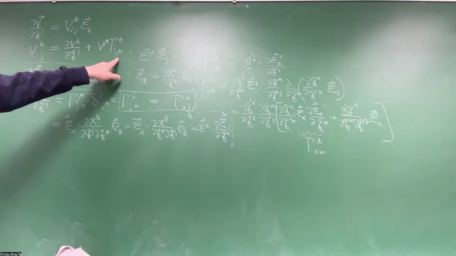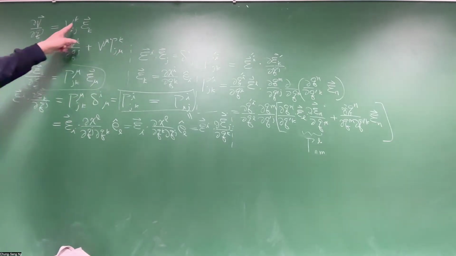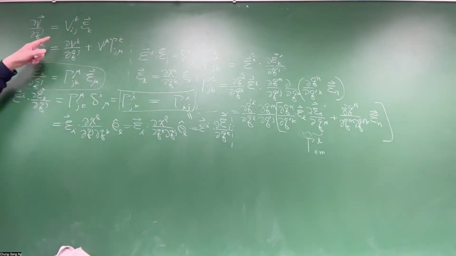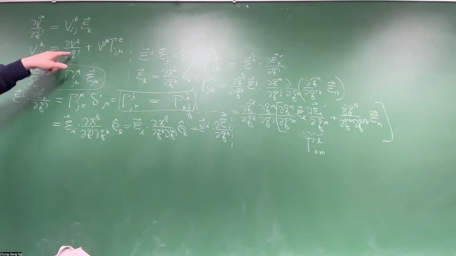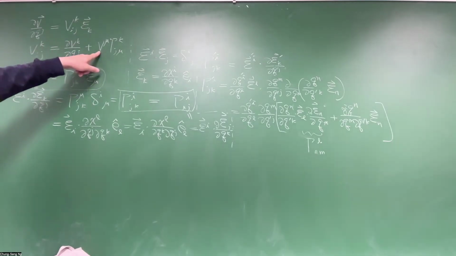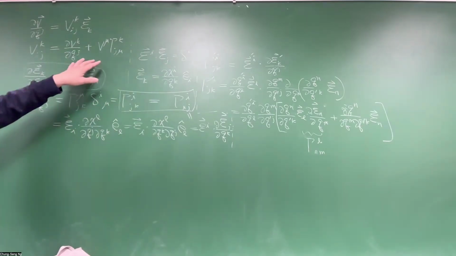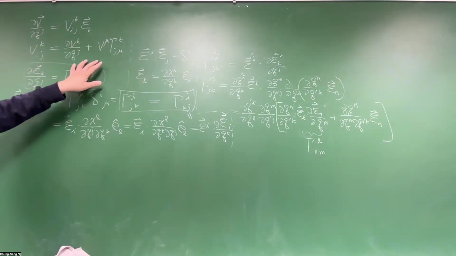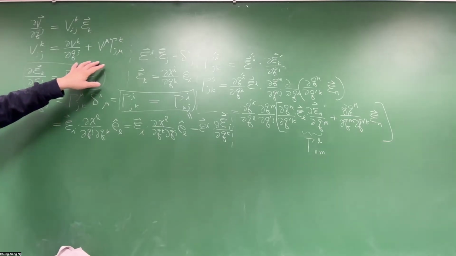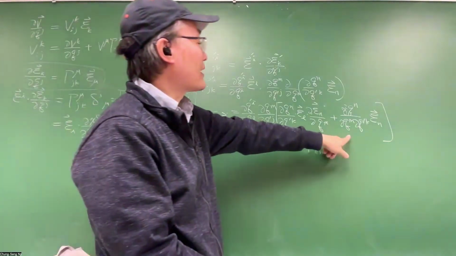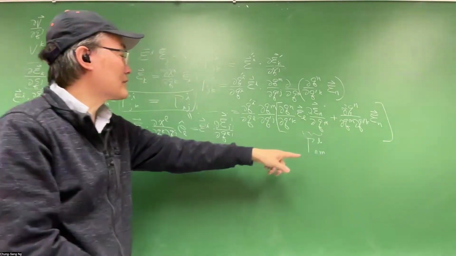Now that you have how you transform this one, write everything in pi, just like what I did here, and follow the transformation rule of the derivative, and then the vector. Convince yourself that the whole thing now transforms like a tensor. The reason is that after you do that, you see that this transformation will involve a second derivative of the transformation matrix.